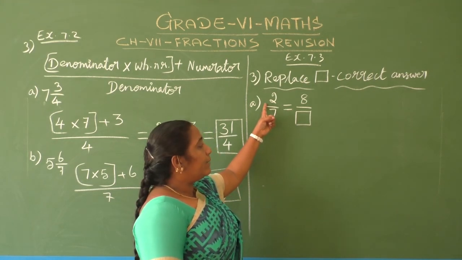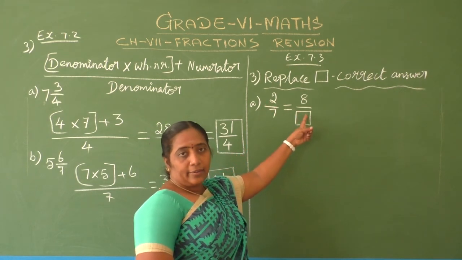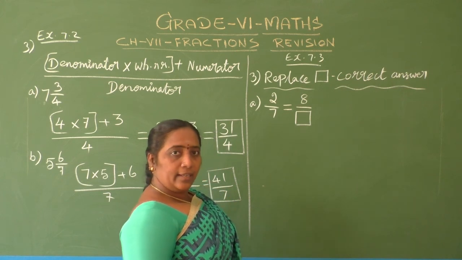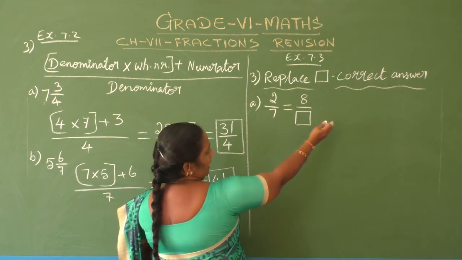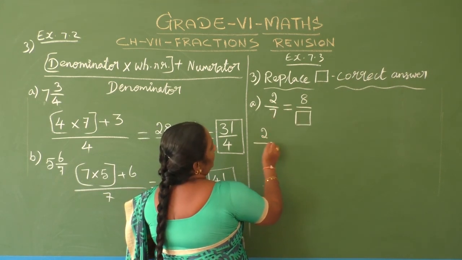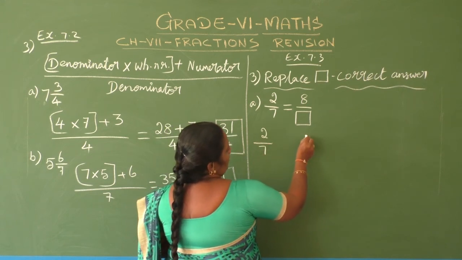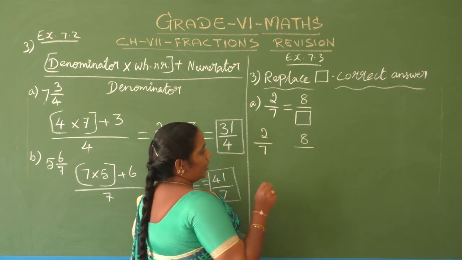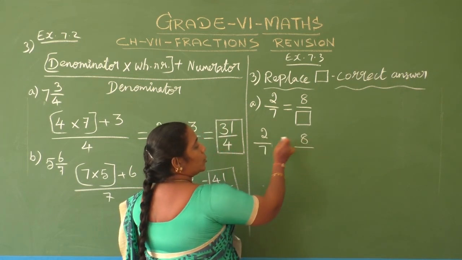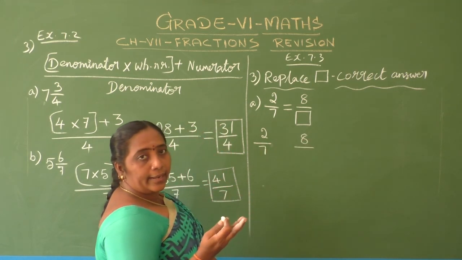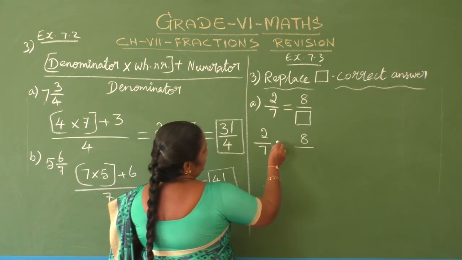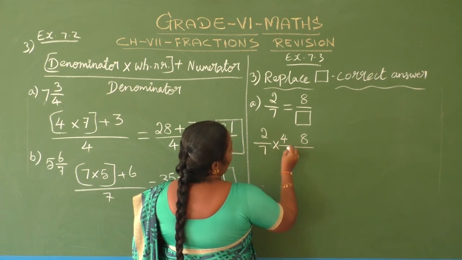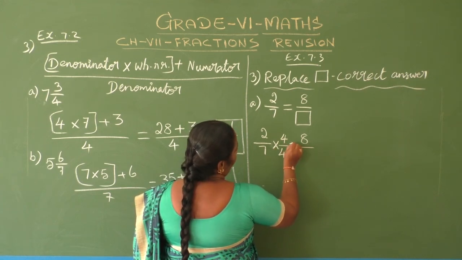But here the left side is a small number and the right side they gave the big number. That means it's a multiplication equivalent fraction. By multiplication only we can find the equivalent fraction. How can we find it? Listen. On this side they gave 8 as the numerator; only the denominator they missed. We are going to find it out. See, how many 2s are 8? 4 2s are 8. Very good. That means we are going to multiply the numerator and denominator by 4.